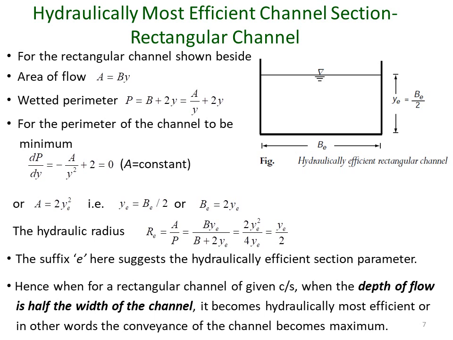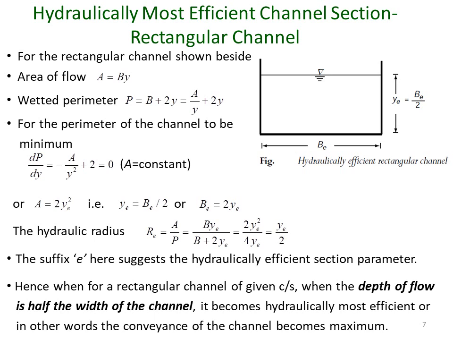So in other words, A can be given as equals 2 y_e squared. Here the subscript e has been used to indicate the most hydraulically efficient channel. So A equals 2 into y_e squared, or y_e can be written as B_e by 2, or B_e equals 2 y_e. B_e is the width of the channel.